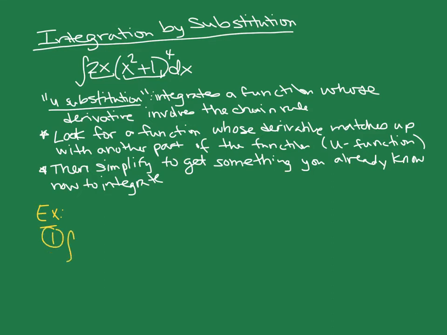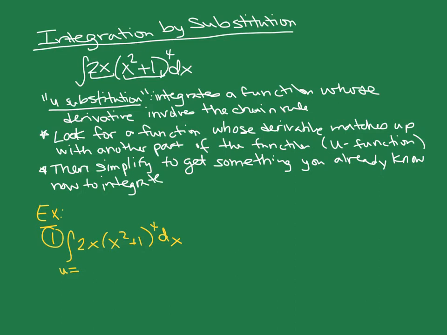So we are going to integrate 2x times (x squared plus 1) to the fourth dx. And what we're going to do is, you'll notice that if you take the derivative of x squared plus 1, you get 2x. So that x squared plus 1 is going to be our u function.